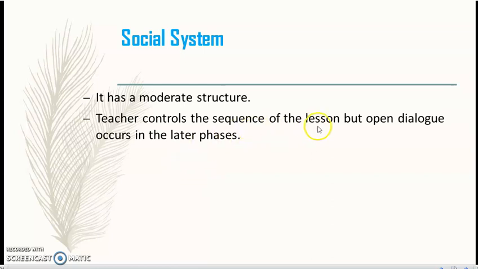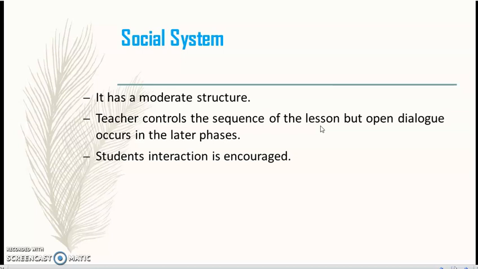The teacher controls the sequence of the lesson, but open dialogue occurs in the later phases. The teacher is aware of the sequence that he or she has to follow. In a way, the teacher controls the sequence of the lesson because the teacher gives the instructions of what they have to do in the next step.